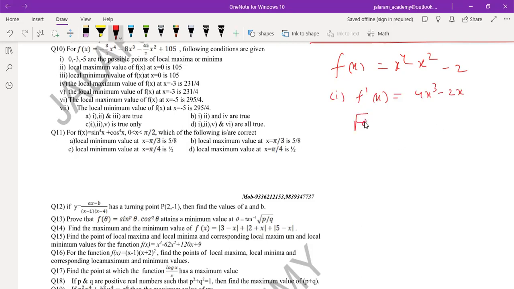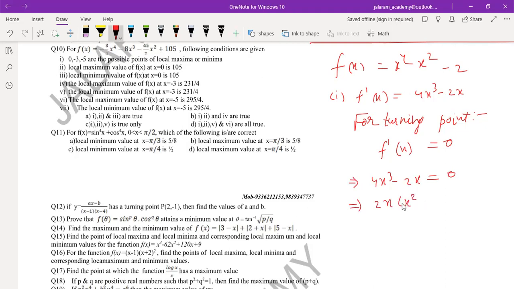Now, for turning point, what we should do? f dash x is kept equal to 0. So it is 4x cube minus 2x equals 0. When we take 2x common, it is 2x into 2x square minus 1 equals 0.